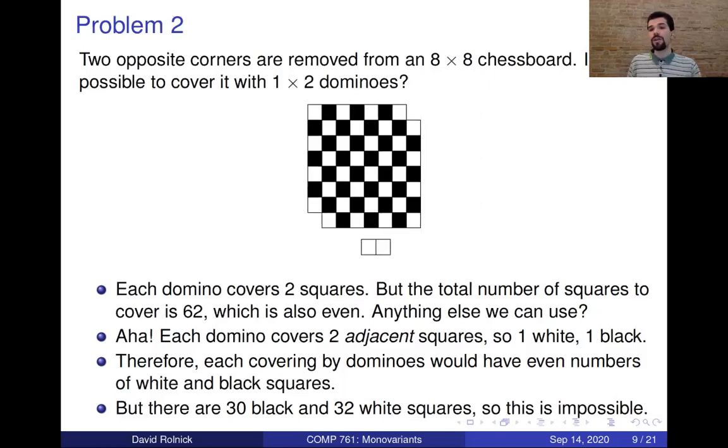It starts out at 0 because there are no squares covered at all. And it has to end up being, in this case, -2, number of black minus number of white. Since it can't change each time we place a new domino, then we have a contradiction.